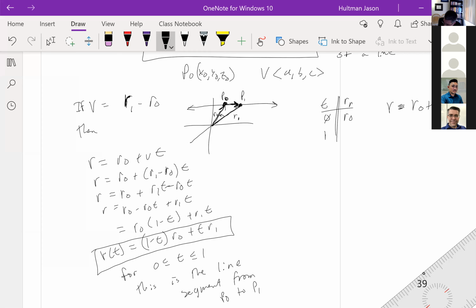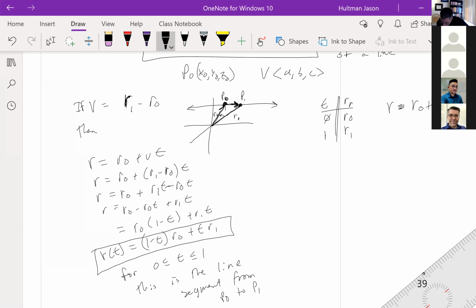You're going to get r naught plus v, or r sub 1. So you're going to get 1 unit out for v. But what are we saying v is? We're saying v is the vector r1 minus r naught.